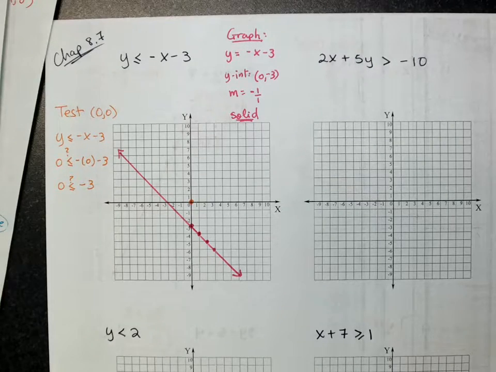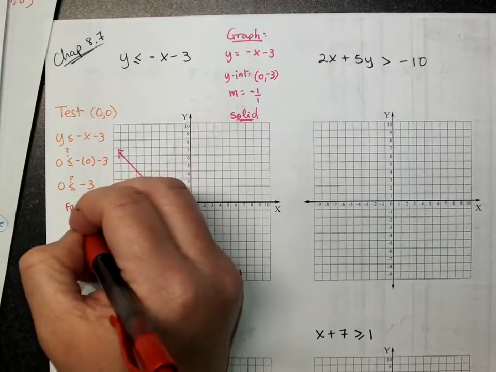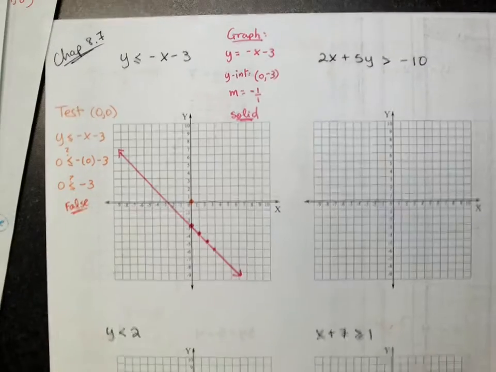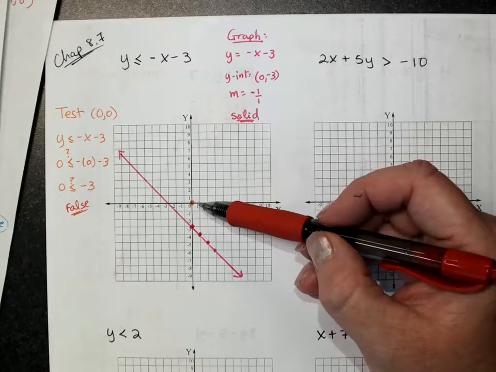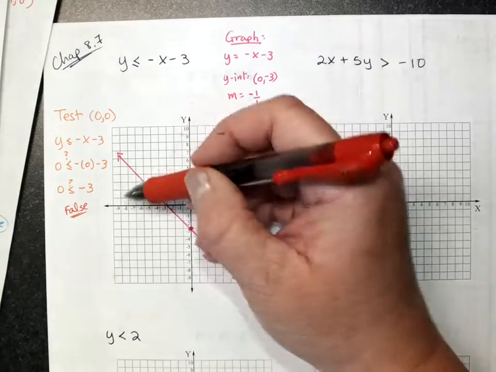Does it make a true statement or a false statement? False. 0 is not less than -3. Therefore, that origin is on the false side. That means the other side is true.